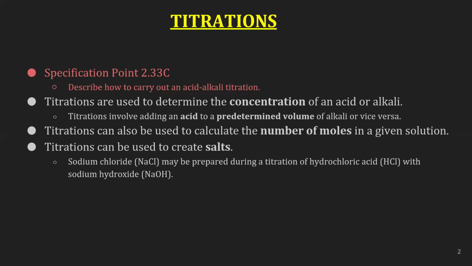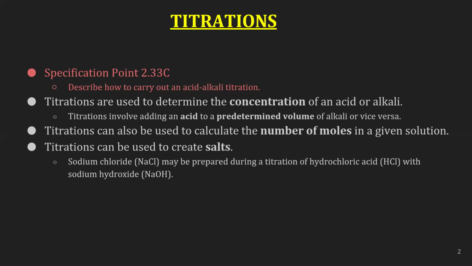Titration can be used to create salt. Now look at these three important concepts. What are titrations? Titration is an experimental technique used to determine the concentration of an acid or alkali. Titration can also be used to calculate the number of moles in a given solution. Titration can also be used to create salt.